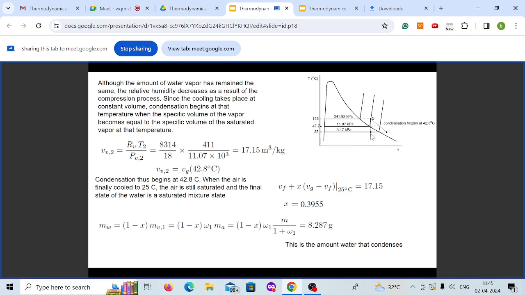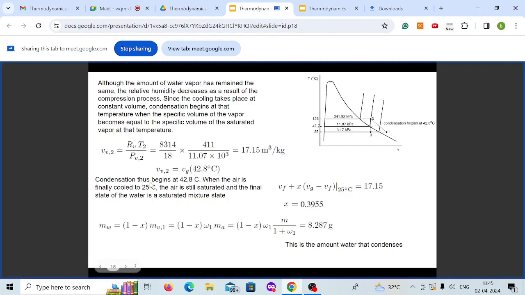If it cools down, then water will condense, because at this point, 42.8 degrees Celsius, the air is saturated, so it will start removing water and will condense. So condensation will happen at 42.8.